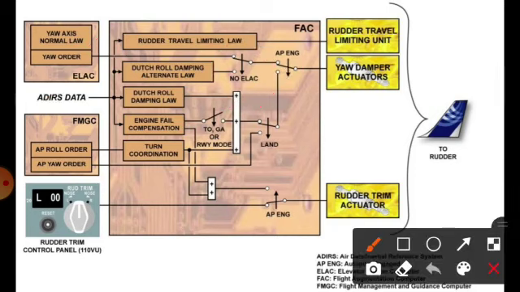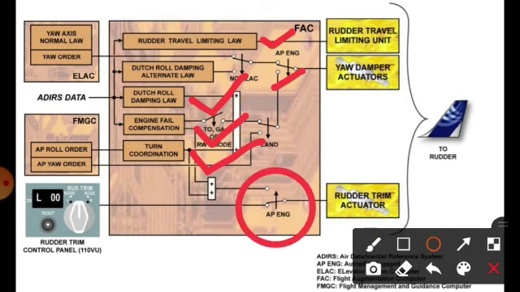So when the autopilot is engaged, all the functions, pitch damping, engine failure compensation, turn coordination, rudder travel limiting law, and you can see here rudder trim actuation is controlled with the autopilot.